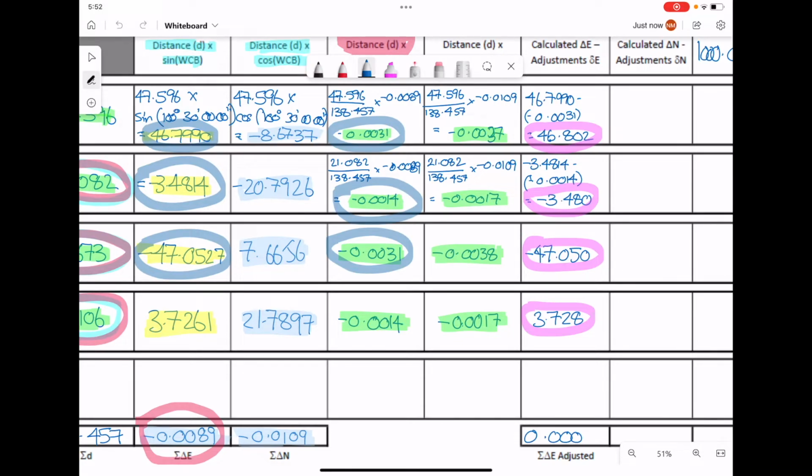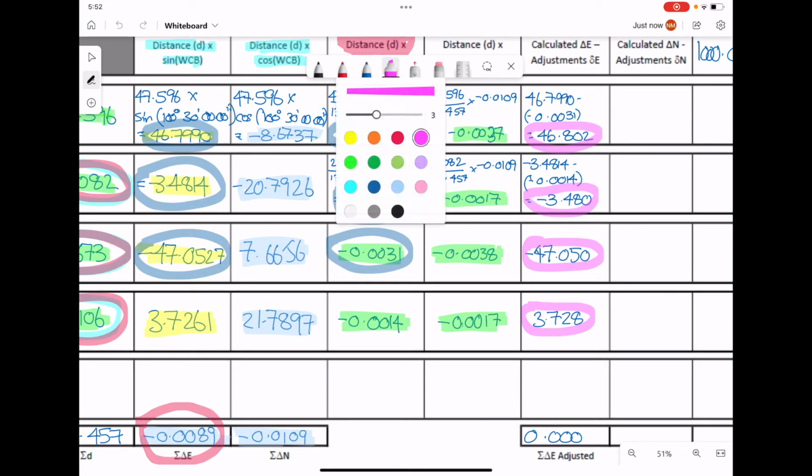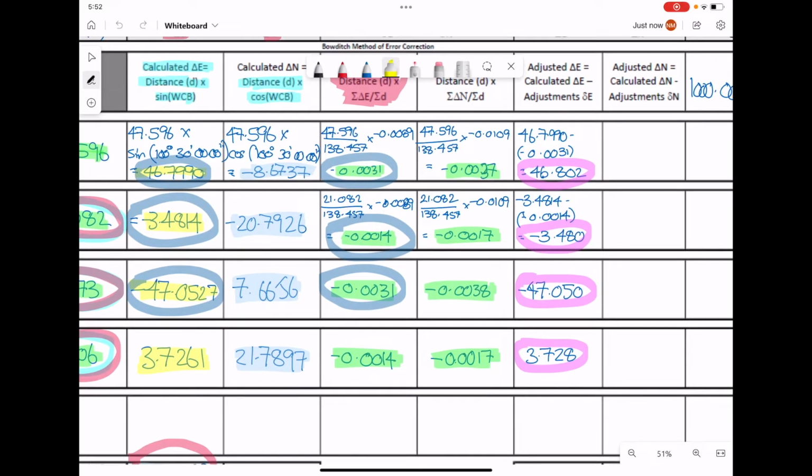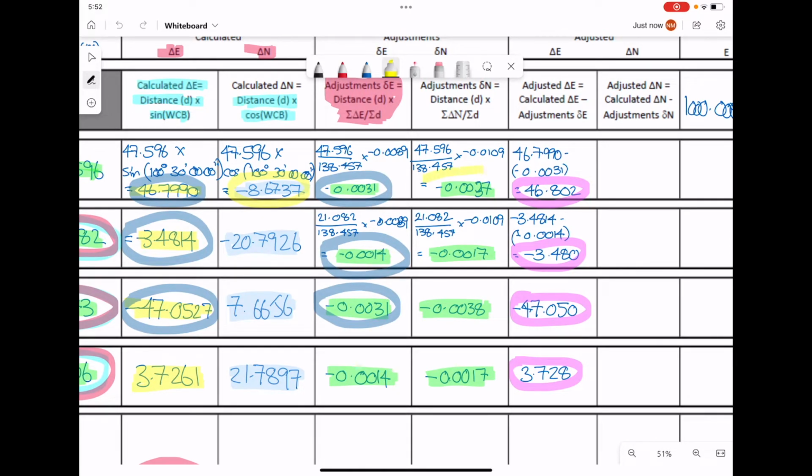Now we repeat the same process, except we're going to use the calculated northing and the adjustment we need for the northing in each row.